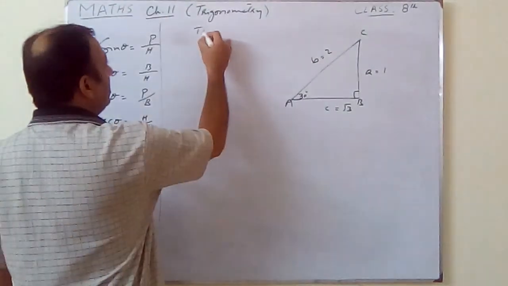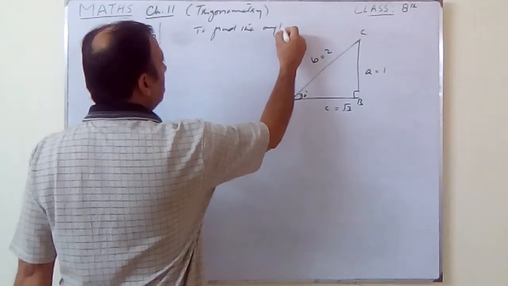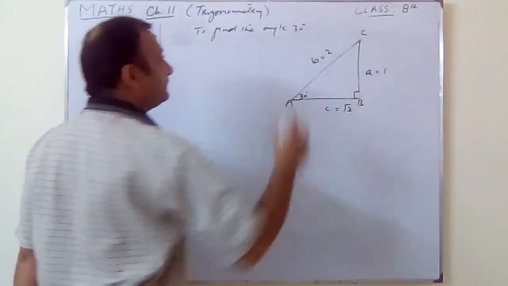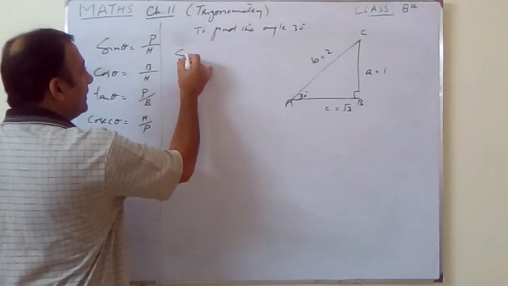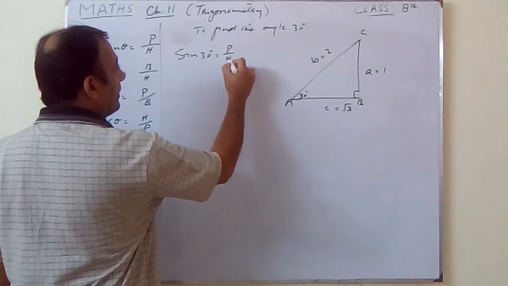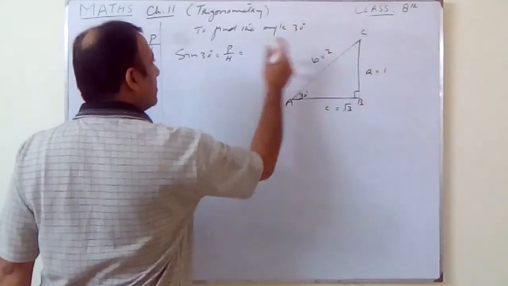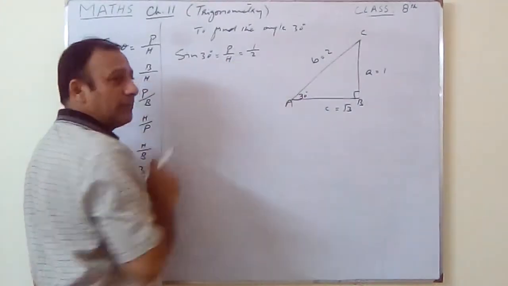Now to find the ratios for the angle 30, sine 30 is equal to perpendicular over hypotenuse, that is 1 divided by 2. It means sine 30 is equal to 1 by 2.